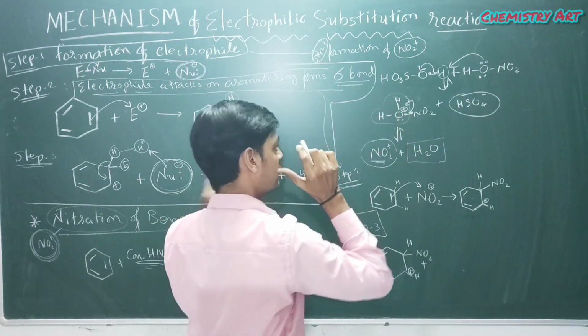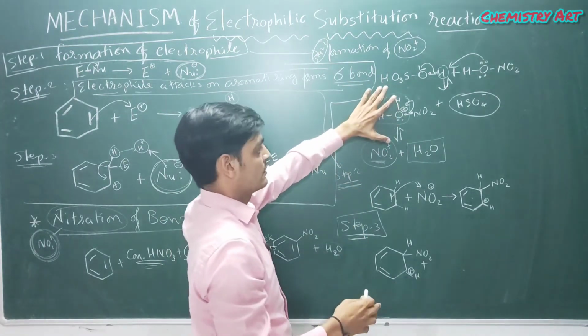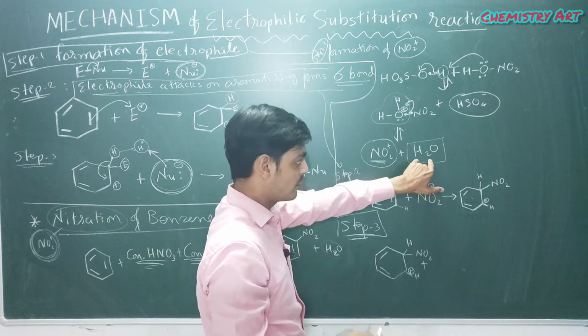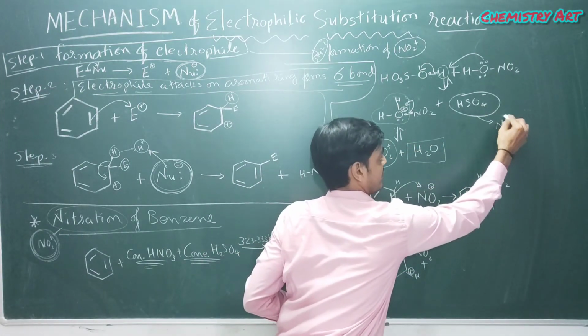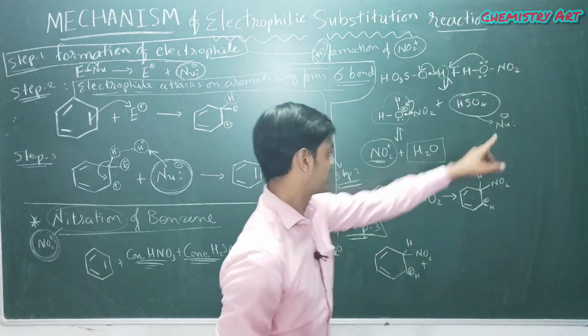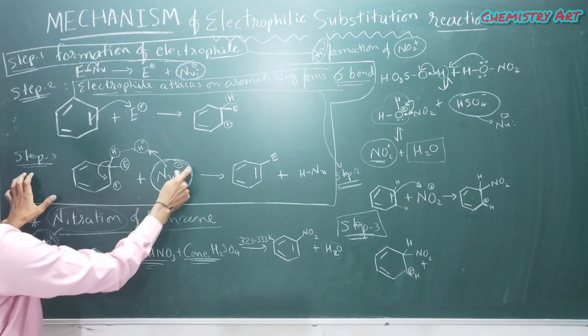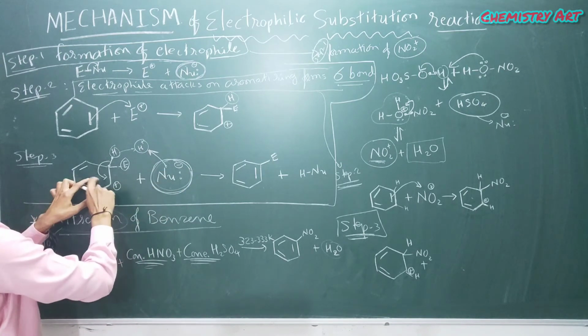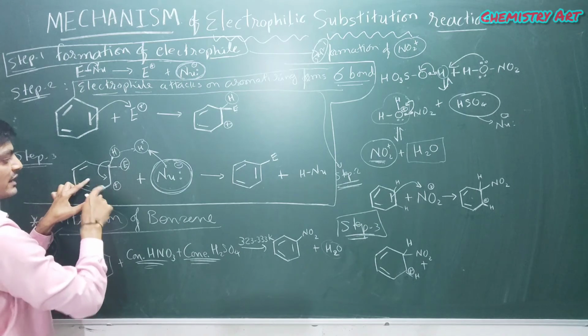This first step is actually divided in 2 parts, and here we are getting H2O and HSO4 minus. So this HSO4 minus is our nucleophile actually. Okay, so it is used in the last step number 3, a new nucleophile with this carbocation, the benzene carbocation.